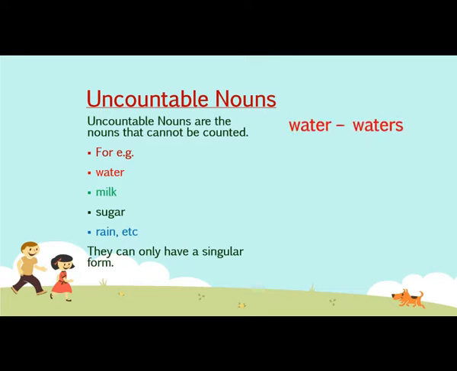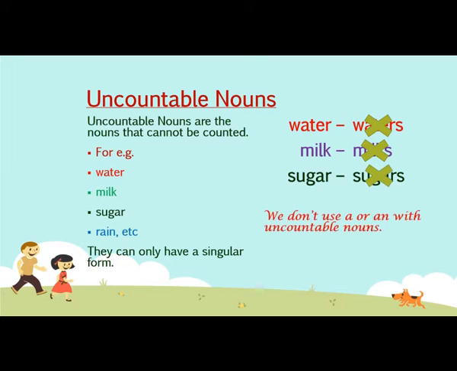So can we say water, waters? Of course not. Milk, milks? Sure, no. Or sugar, can we say sugars? Of course not. We do not use a or an with uncountable nouns.